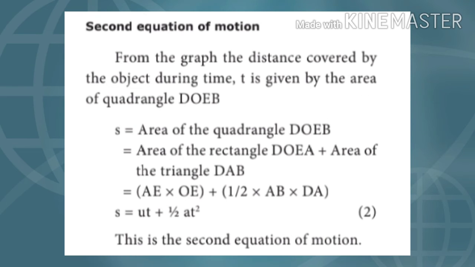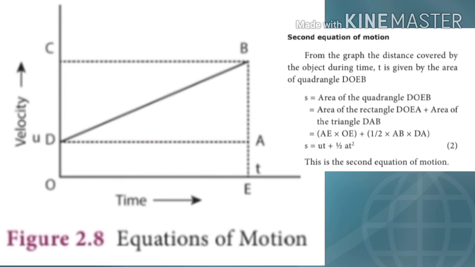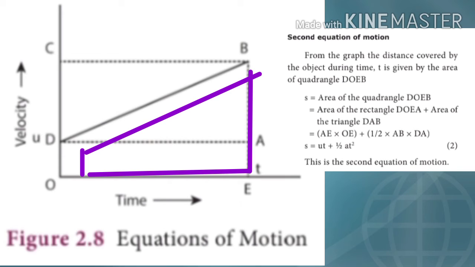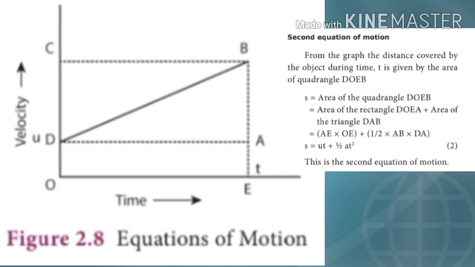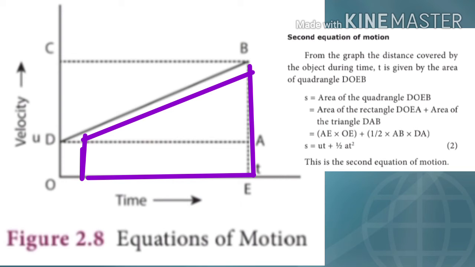Next see the second equation of motion. From the graph the distance covered by the object during time t is given by the area of quadrangle DOEB. So s is equal to area of the quadrangle DOEB. So we are going to calculate the distance now.